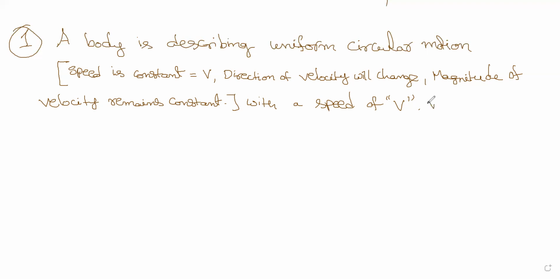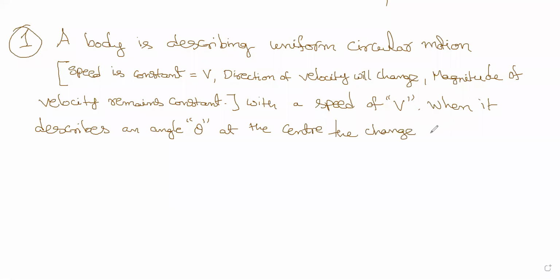When it describes an angle theta at the center, the change in the velocity delta v is equal to 2v sin(theta/2).